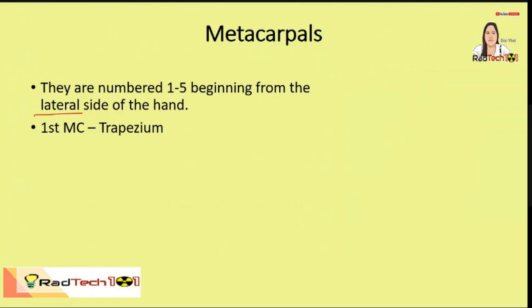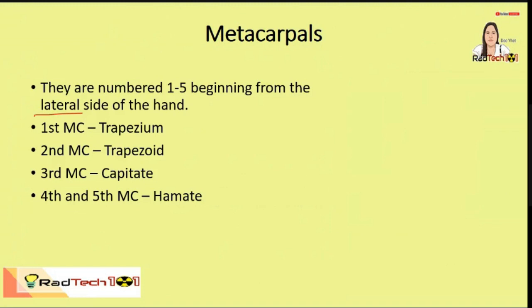So, the first metacarpal bone is attached to your trapezium, which is a part of your carpal bones. So, later I will show you a picture of that. Second metacarpal bone is attached to the trapezoid. Third metacarpal bone to your capitate, and your fourth and fifth metacarpal bones to your hamate.